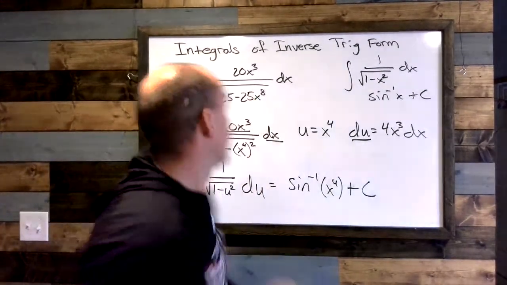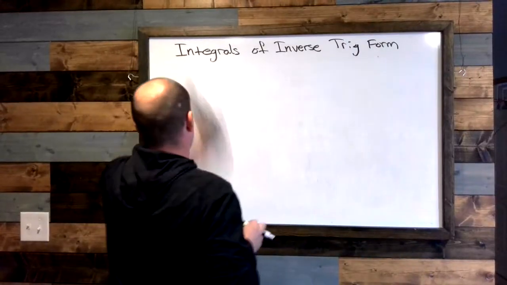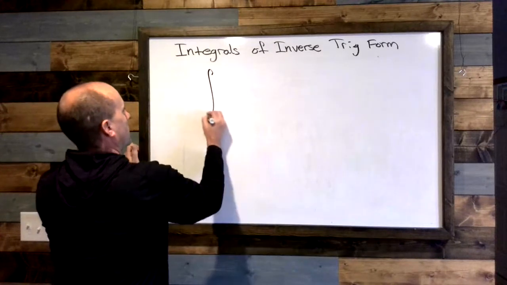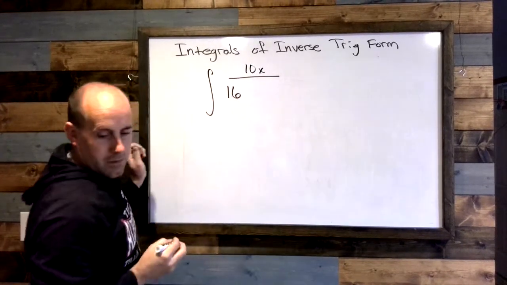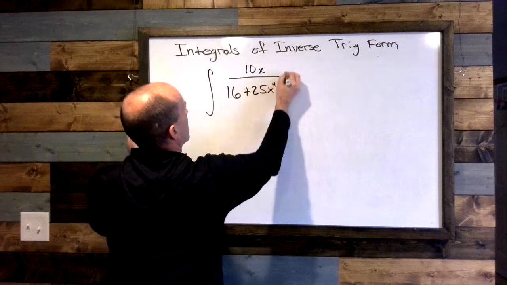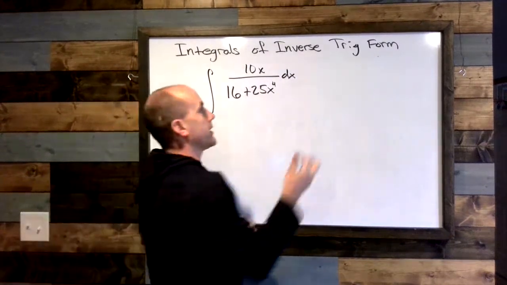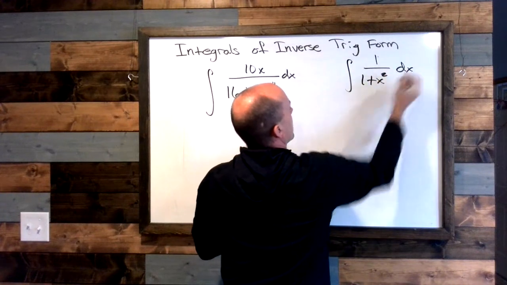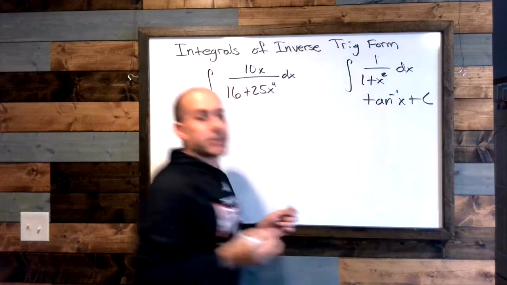Last example. There is no square root in this situation. Hopefully you recognize it's of the form 1 over 1 plus x squared dx, which is arctangent of x plus a constant.